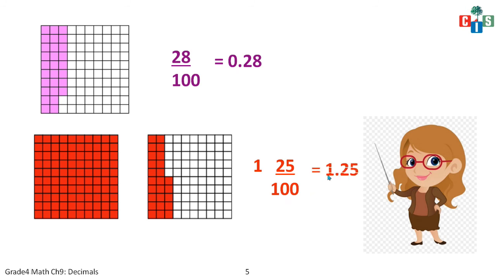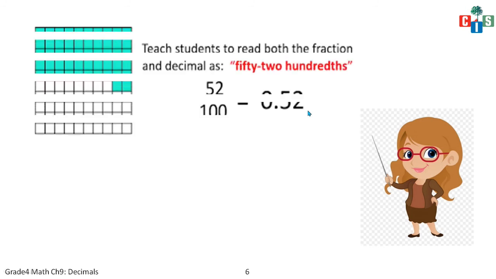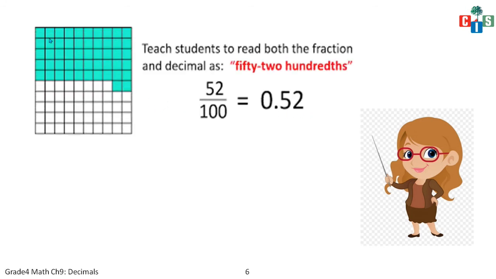This is written as 1.25. See the difference: it is 0.28, and it is 1.25. Clear?